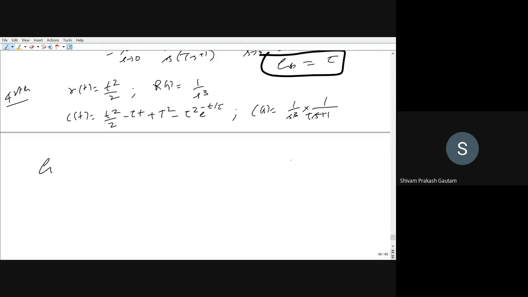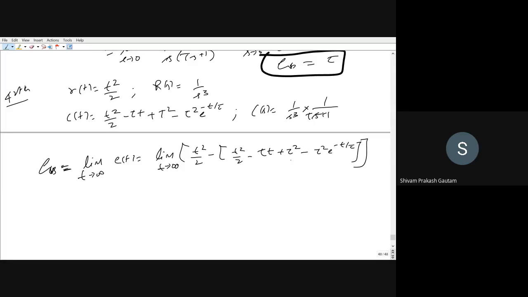Calculate the error. Steady state error will be equal to how much? So limit t tends to infinity, e(t) is equal to limit t tends to infinity, r(t) minus c(t). r(t) is t square by 2, minus c(t), which is t square by 2 minus tau t plus tau square minus tau square e to the power minus t by tau.